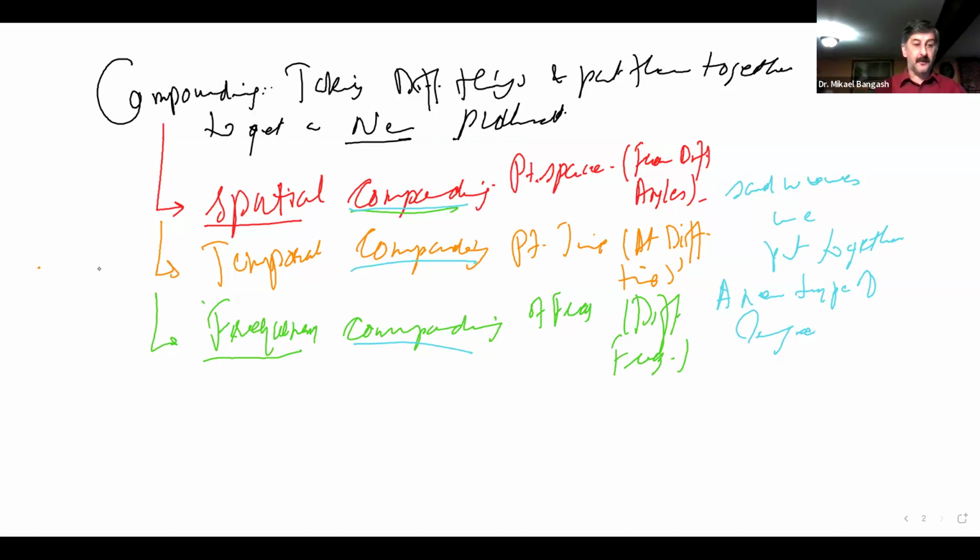So the type of compounding is mainly specified from the term. Spatial we know is pertaining to space, temporal is pertaining to time, and frequency will be frequency.